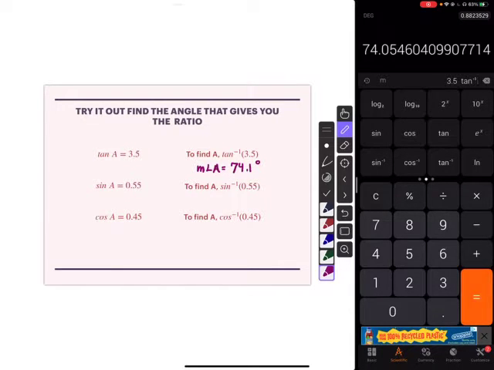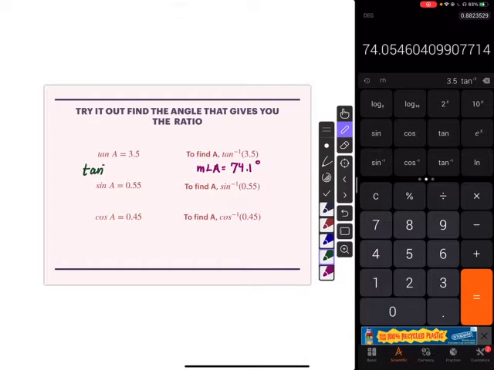Now, algebraically, I should say more appropriately, what we're doing in this problem is trying to undo this tan function. So mathematically, you show this process by the following. You take each side and raise it to the inverse tangent. I'm going to write it down below because it's going to get too crowded there.